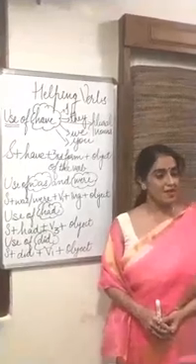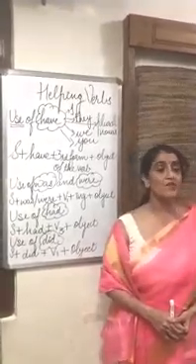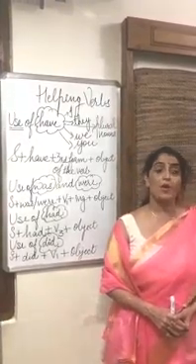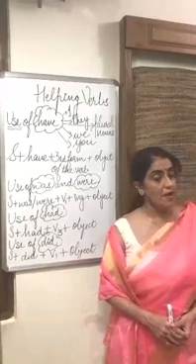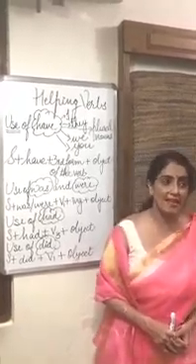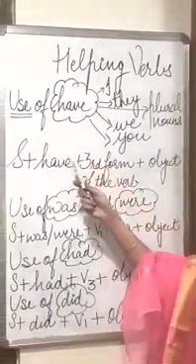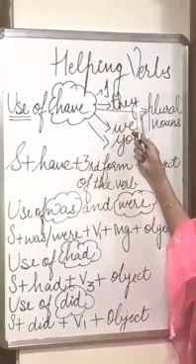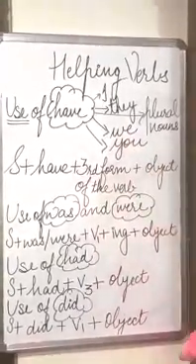So children, after the use of has, let's continue with the use of have. Now always remember, use of have is there in present perfect tense and have is used with the subjects I, they, plural nouns, we and you.